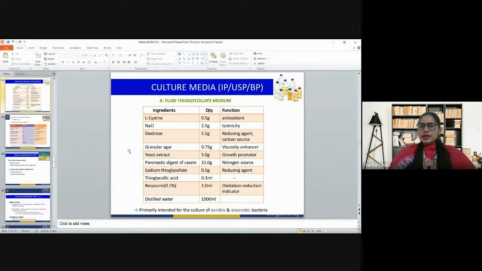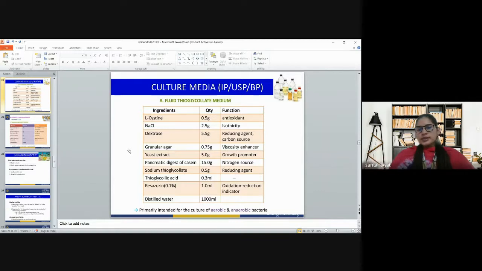Then yeast extract, used at 5 gram, as a growth promoter. Then pancreatic digest of casein, 15.0 gram, used as a nitrogen source. Then sodium thioglycolate, 0.5 gram, used as a reducing agent.